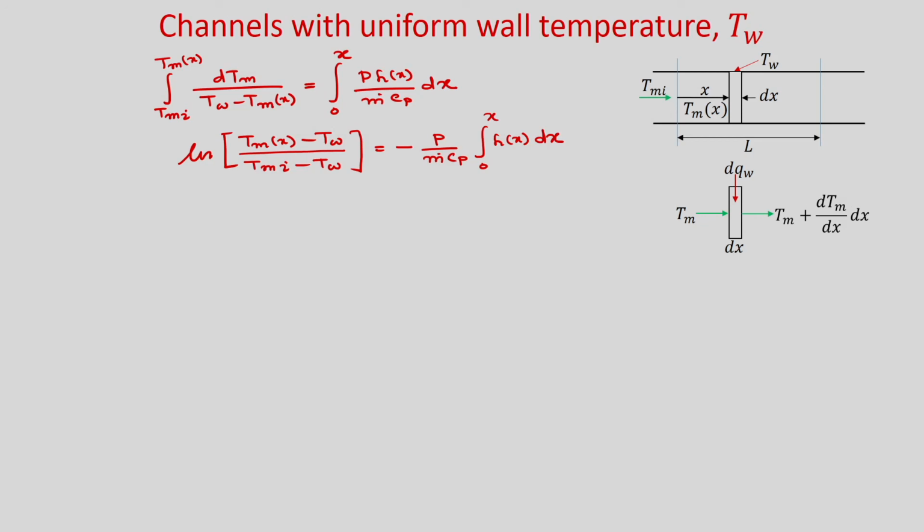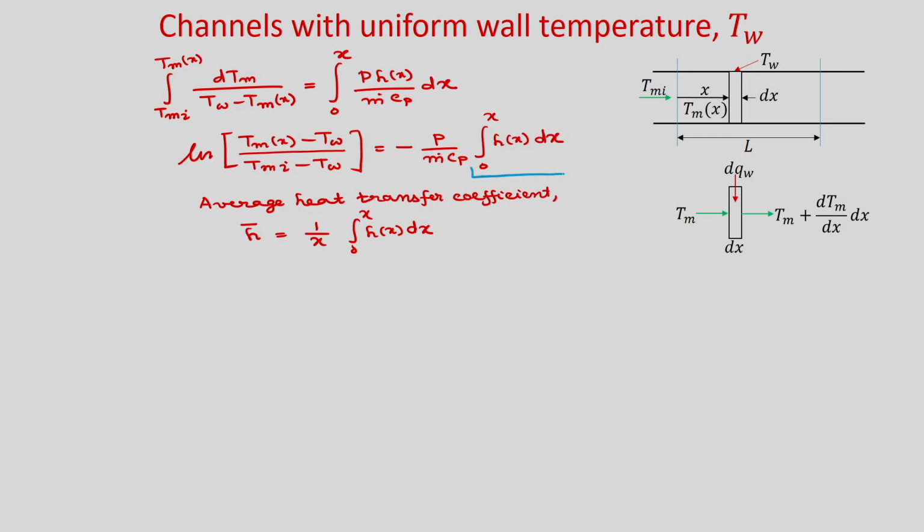If you know the variation of the heat transfer coefficient in the axial direction, then you will be able to integrate this. So, we can find the average heat transfer coefficient h bar as 1 by x, integral from 0 to x of h x dx.